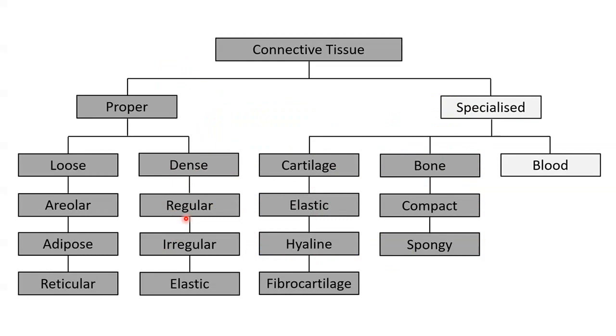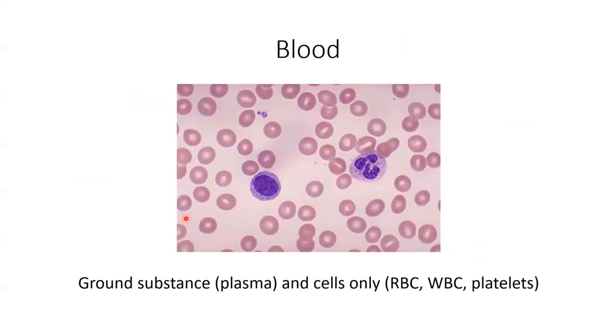Finally, the last type of specialised connective tissue is blood. And again, like bone, I'm not going to cover blood in too much detail as it's covered in blood and the cardiovascular system in a number of other units. However, blood is a special type of liquid connective tissue which has a liquid extracellular matrix. This liquid extracellular matrix is made up of blood plasma.